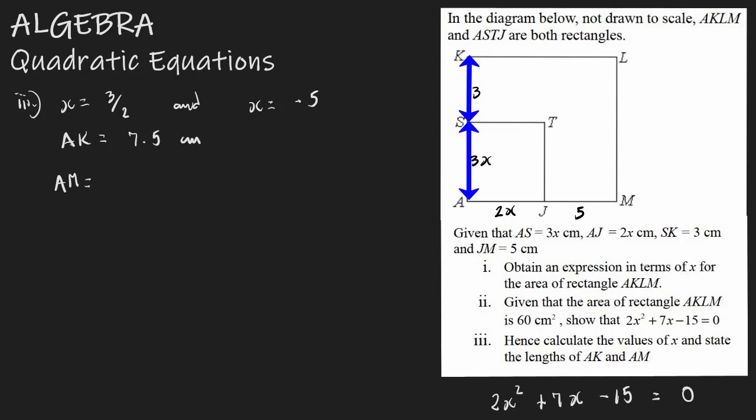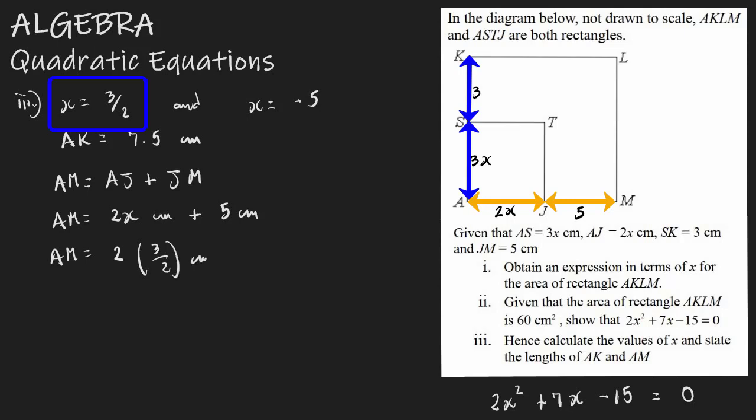AM is equal to AJ plus JM. AM is equal to 2x cm plus 5 cm. AM is equal to 2 times the value of x, which is equal to 3 on 2 centimeters, plus 5 centimeters.